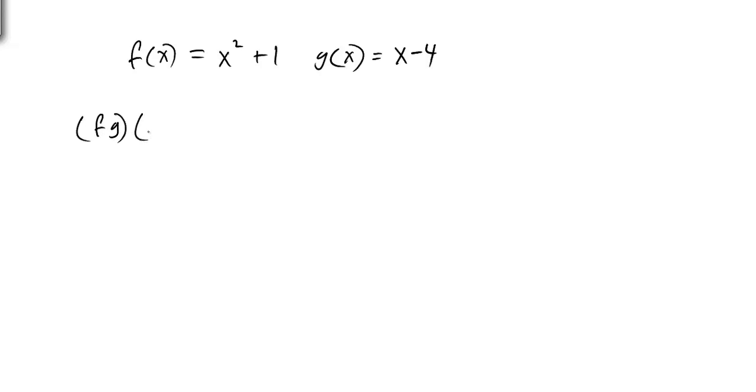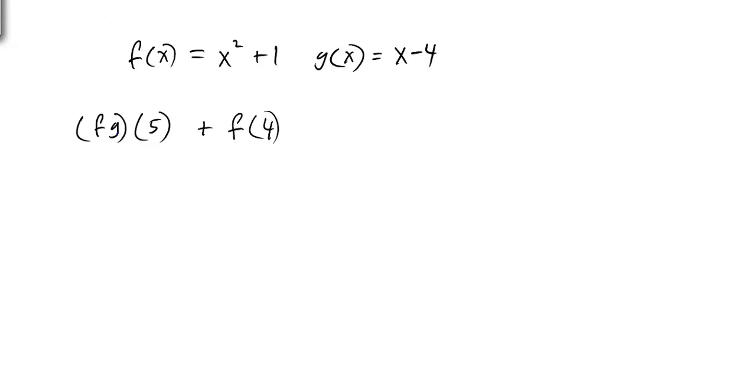All right, so let's look at another one here. And again, for convenience, we'll use the same function for f and g. And let's say that we want to find fg of 5 plus f of 4.